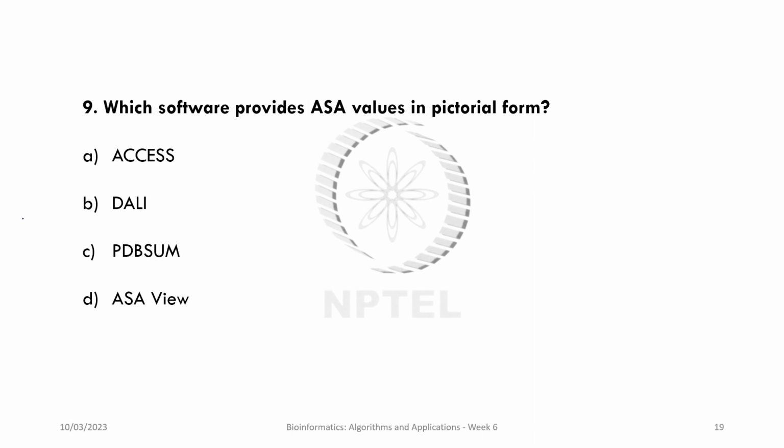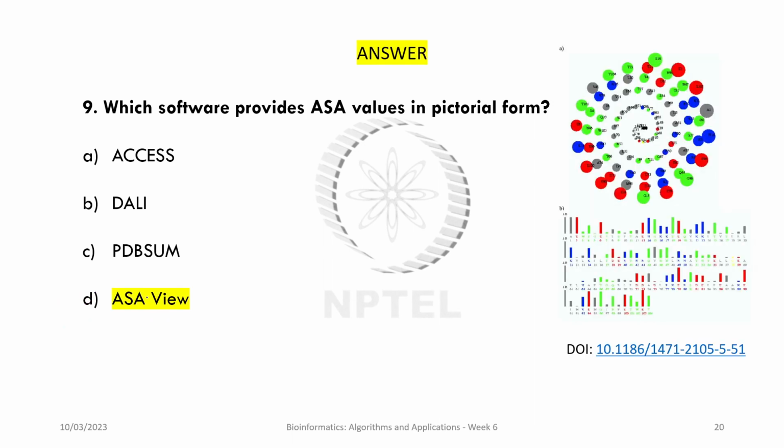Thank you, Venkatesh and Malini and Hari. 3 votes for ASAView. And Filza also agrees. No question here, right? ASAView gives a pictorial representation of accessible surface area. We have the same picture that was shown in the lectures, I believe, and this is the DOI of Dr. Gromiha's paper on this.